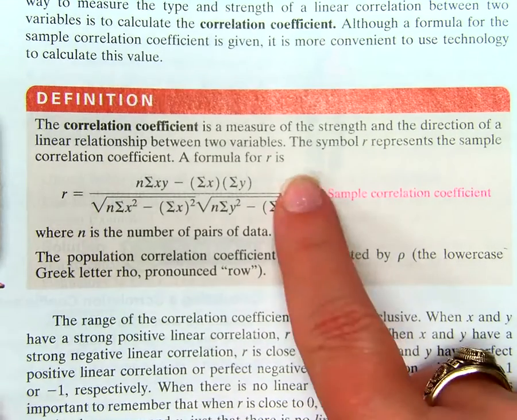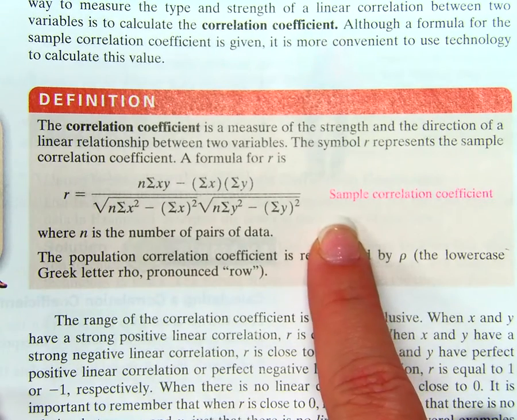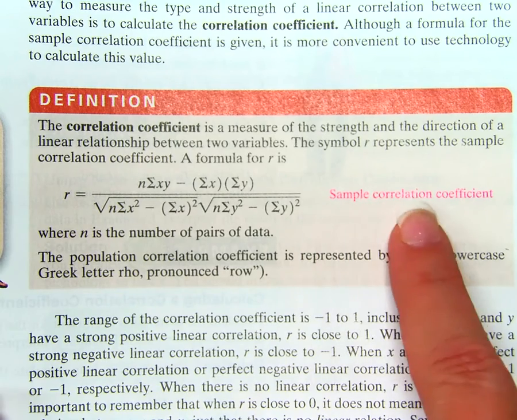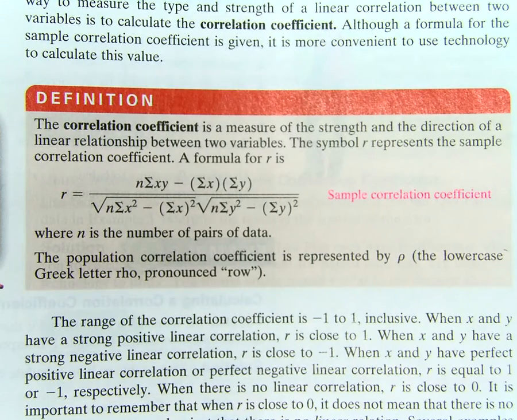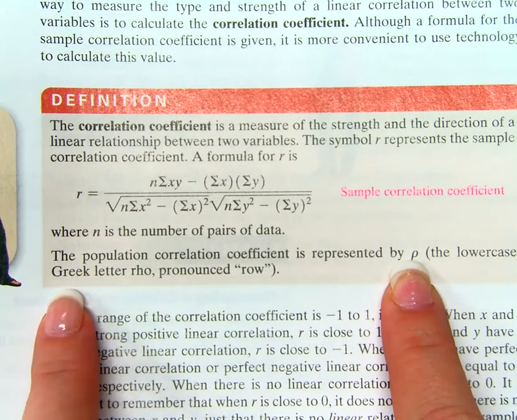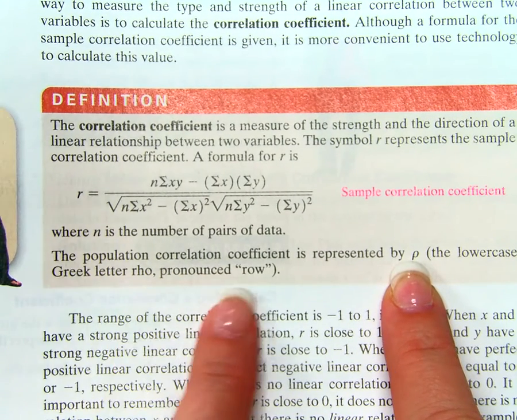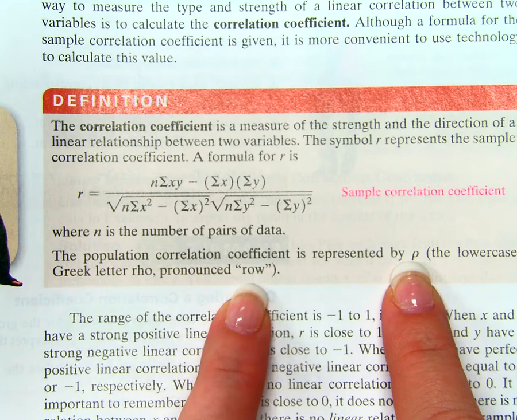The formula for R is that beautiful formula, and it is the sample correlation coefficient. If there's a sample correlation coefficient, guess what there also is? Population correlation coefficient. It is represented by the lowercase rho, a Greek letter.